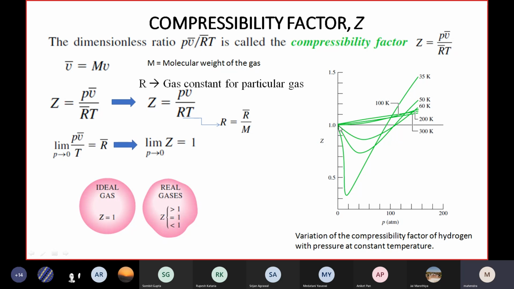That means the gas temperature and the operating pressure are defining whether the gas is an ideal gas or real gas, by the help of the Z factor we are considering.